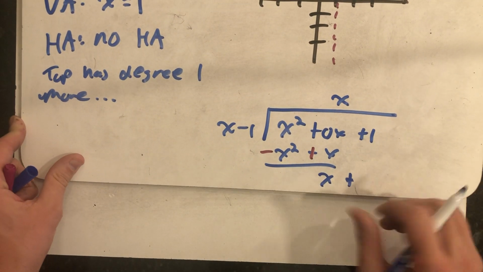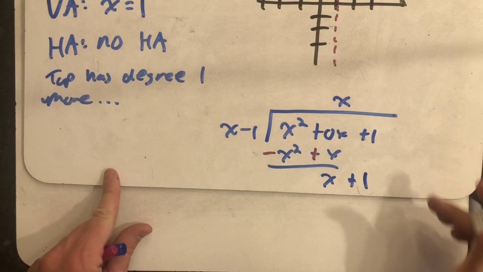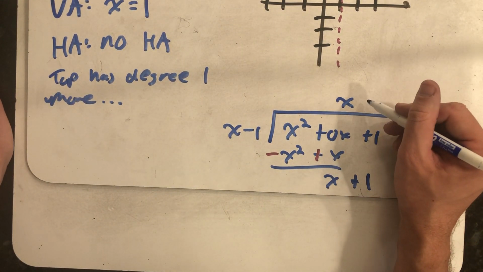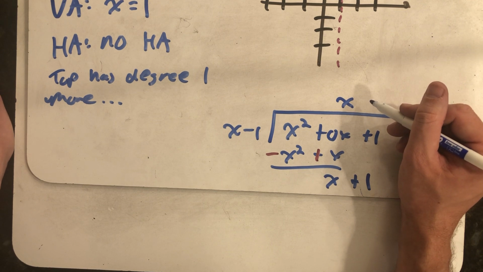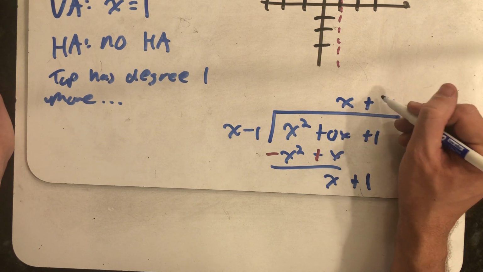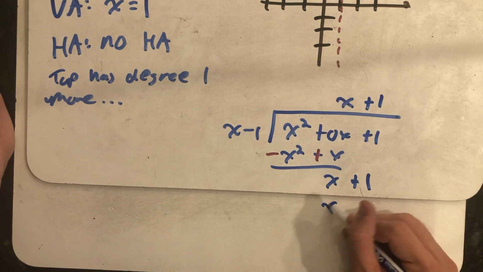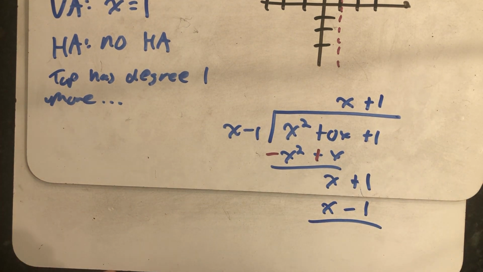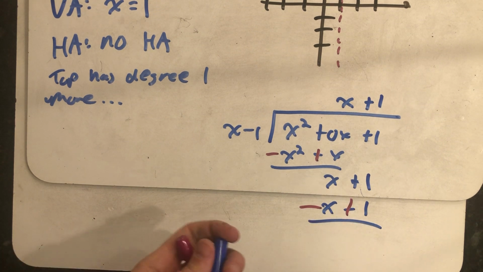So I need to multiply by plus 1, and I'll get an x and a minus 1. Let's change our signs to subtract, and we get a remainder of 2.